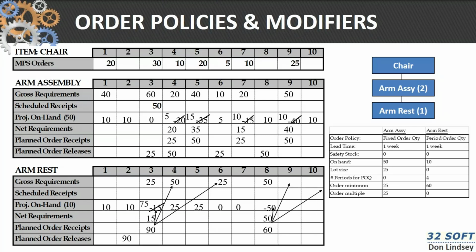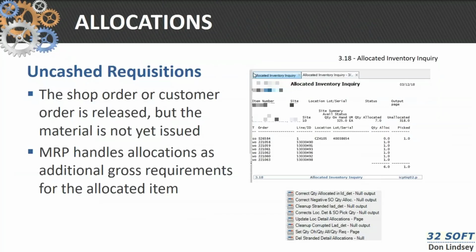That is going to look at the next 4 periods again, offset it by 1, and we'll have 10 available. So those order policy modifiers allow the planner to schedule either in terms of lot for lot, the EOQ we looked at last week, or these period order quantities.